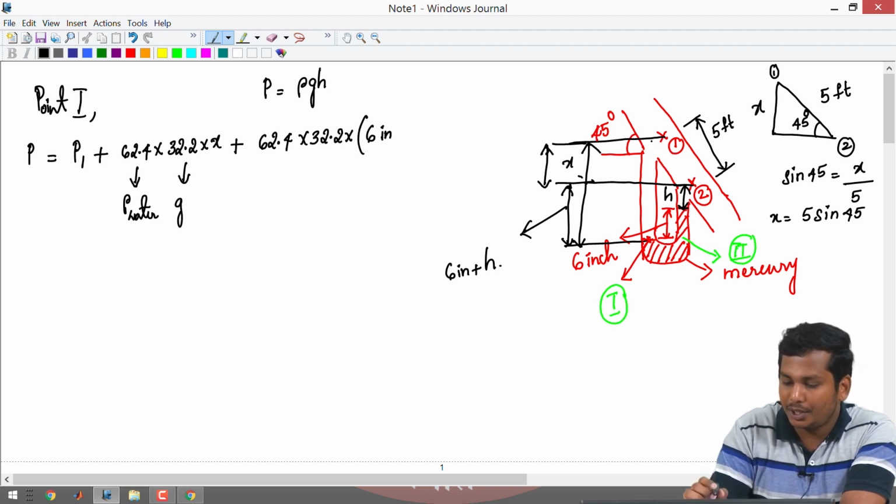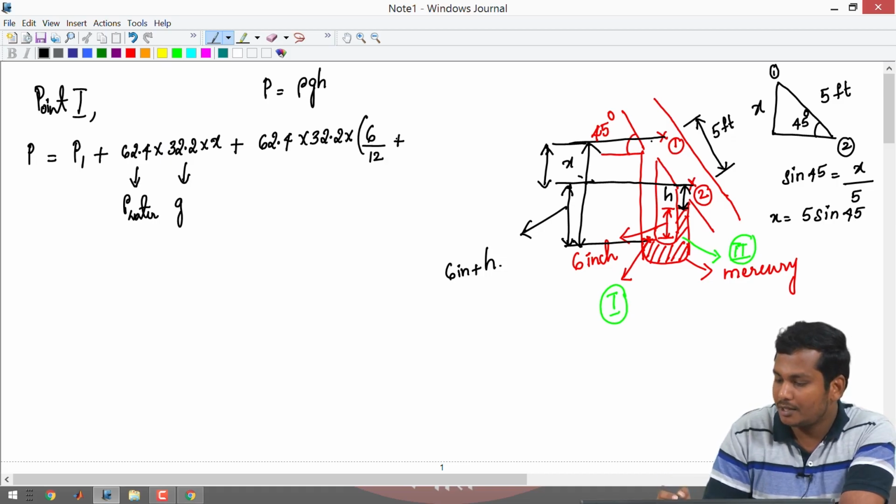We will convert that to feet now. 1 foot equals 12 inch. So it is 6 by 12 feet plus h.